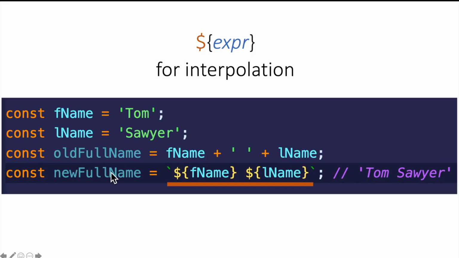And the new way with template literals is we can do string interpolation. So we use the dollar and curly braces to perform string interpolation. As you can see, fname is enclosed within curly braces and we have a dollar as a prefix, and the same for lname. And we are using the backtick symbols at the beginning and at the end. So the result would be Tom space Sawyer.